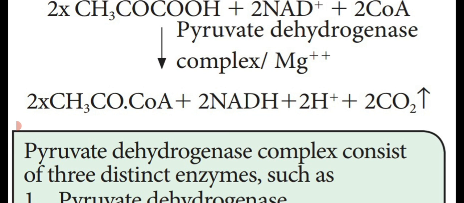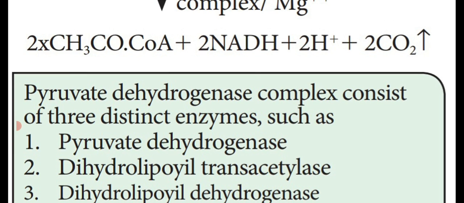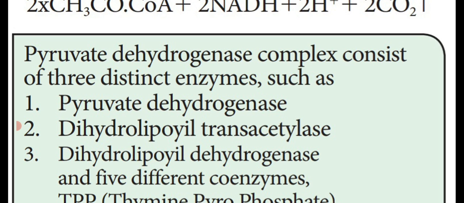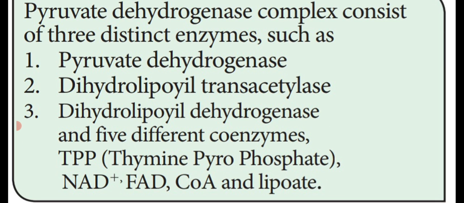Pyruvate dehydrogenase complex consists of 3 distinct enzymes: pyruvate dehydrogenase, dihydrolipoyl transacetylase, dihydrolipoyl dehydrogenase, and 5 different coenzymes, that is TPP, thiamine pyrophosphate, NAD, nicotinamide adenine dinucleotide, FAD, flavin adenine dinucleotide, coenzyme A, and lipoate.